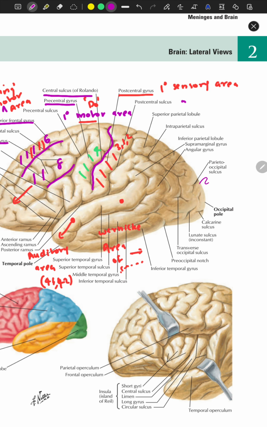So this is the occipital lobe, and this is concerned with areas 17, 18, 19, and it is concerned with the visual cortex.